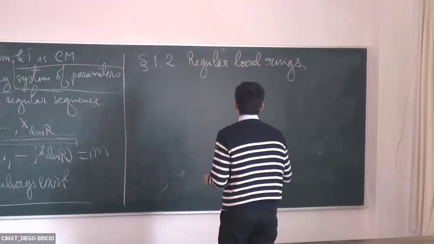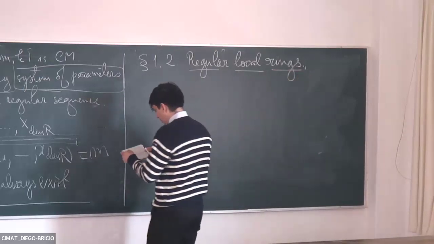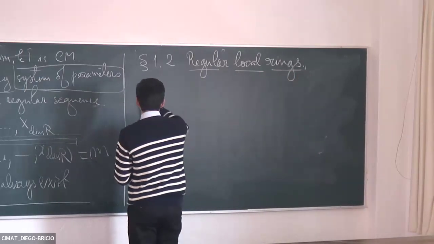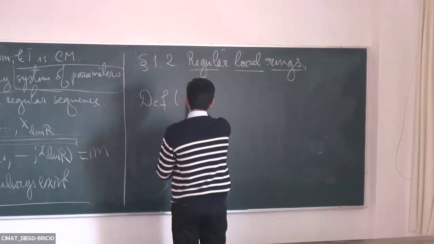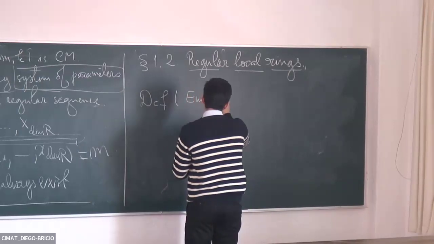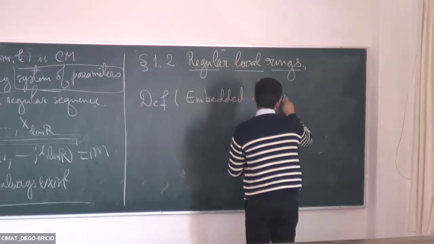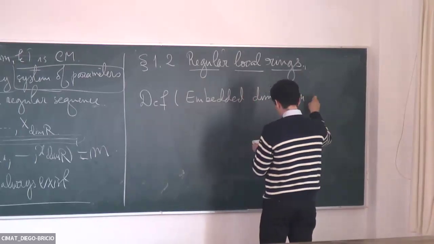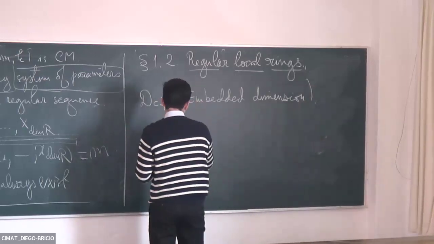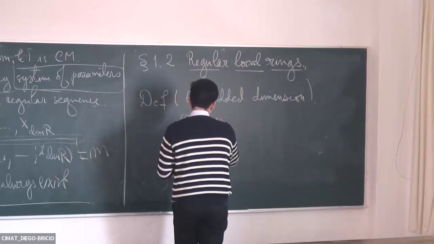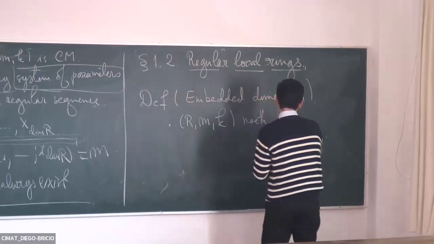Okay, so what is a regular local ring? For this, we need the following definition, which is a definition of embedded dimension. So for this, take a (Noetherian) local ring.